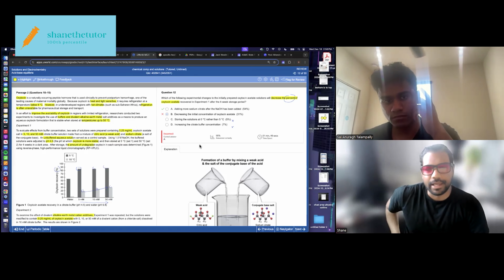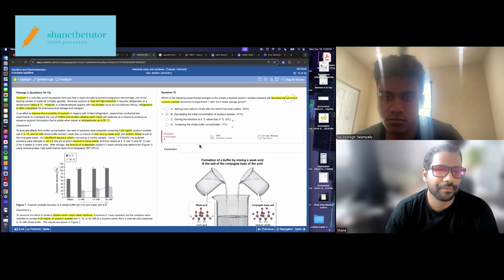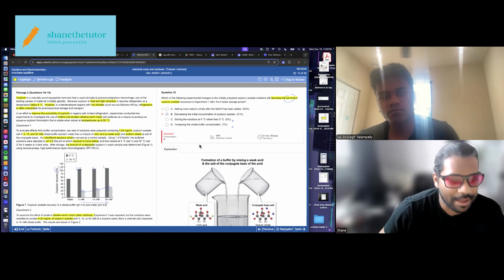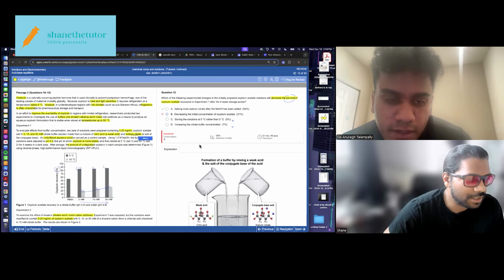And then A, adding more sodium citrate after the sodium hydroxide has been added. So we know that we add the citrate, making the buffer, before we use sodium hydroxide.